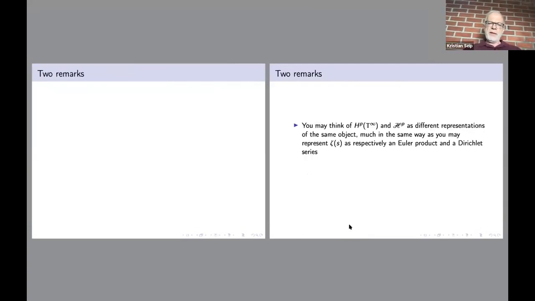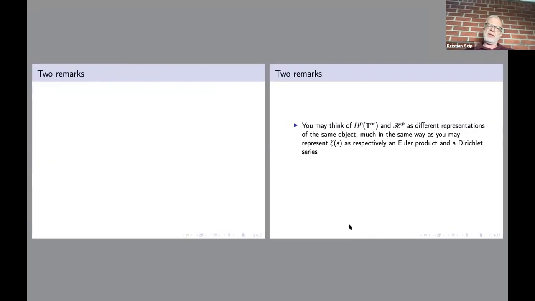I like to think of H^p of T infinity and curly H^p, well, I told you they are different representations of the same object. And you may think of it much in the same way as you may represent the Riemann zeta function as respectively an Euler product and a Dirichlet series.